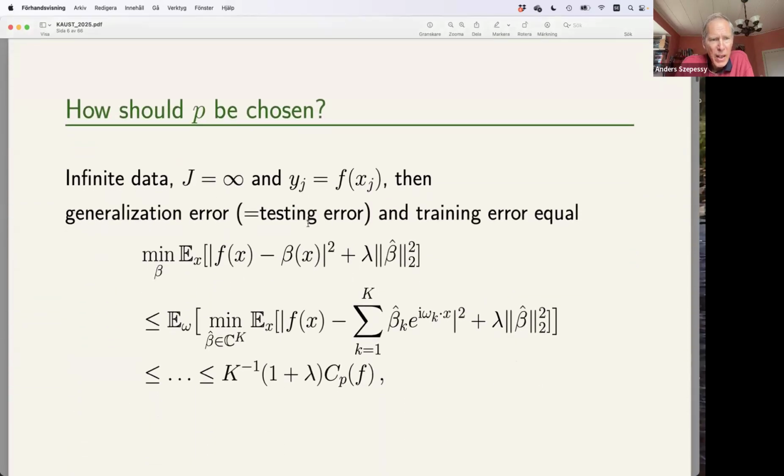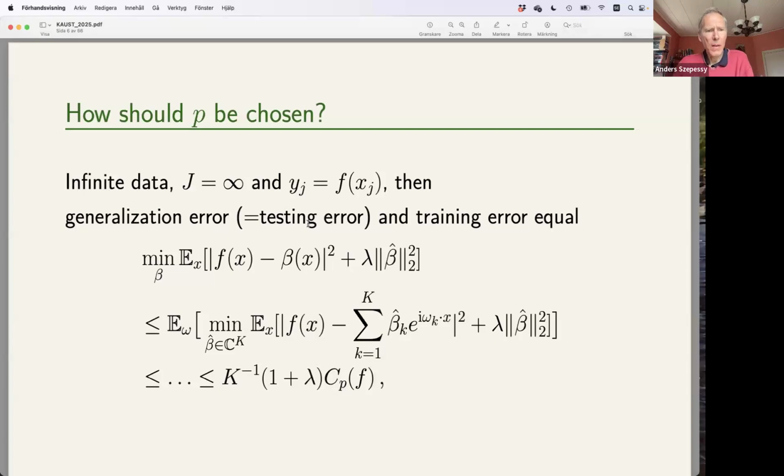So the first thing, how should the density be? Where does it come from? If we simplify the setting so that we have infinite amount of data and no noise, then the mean square error can be derived quite easily, and I will do that soon.